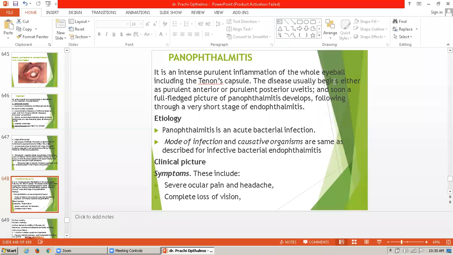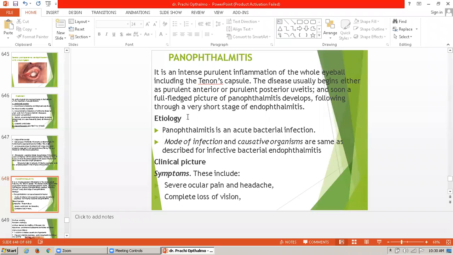The disease usually begins either as a purulent anterior or purulent posterior uveitis, and soon a full-fledged picture of panophthalmitis develops, following a very short stage of endophthalmitis.